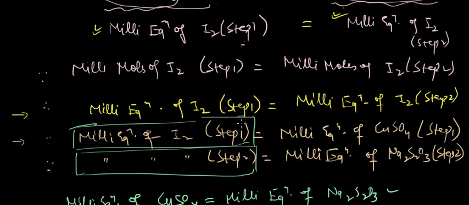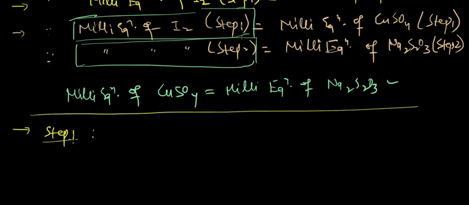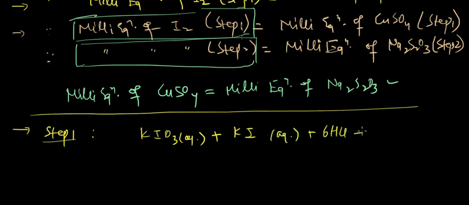Now, what about the iodometric titration in which we are using KIO3? Step 1: as we are using KIO3 to react with KI instead of CuSO4, which we saw in the previous case, we get 3 moles of I2 plus 3 moles of H2O plus 6 moles of KCl aqueous.